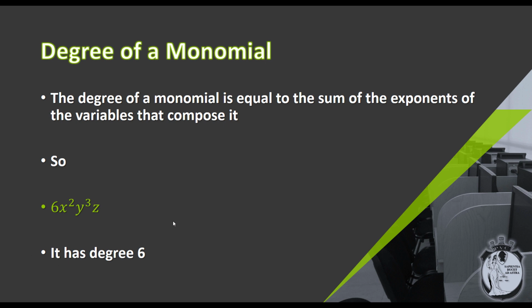If you look here at all the exponents, second power, third power, and c is here a 1, but it will not be right to ignore it. So you need to add all the exponents. So here it's 2 plus 3 plus 1, it has a degree of 6.